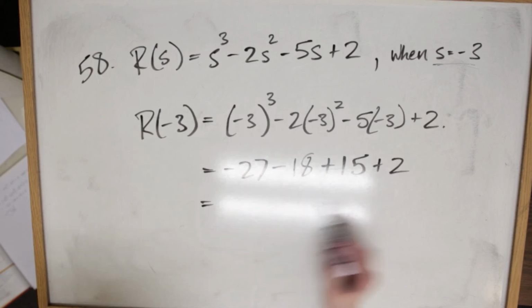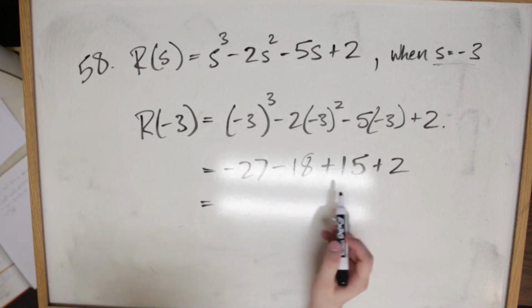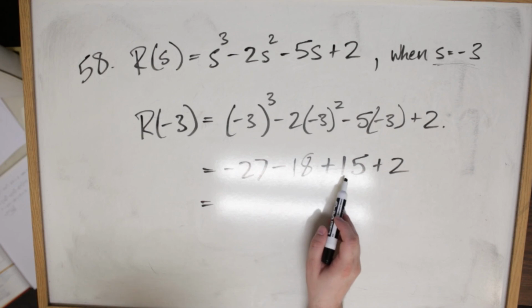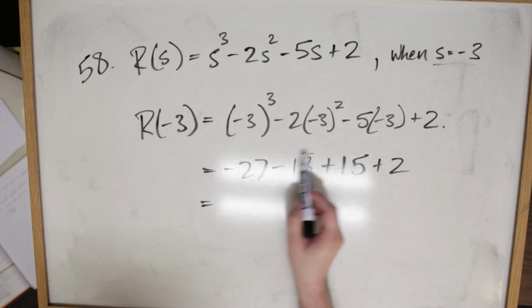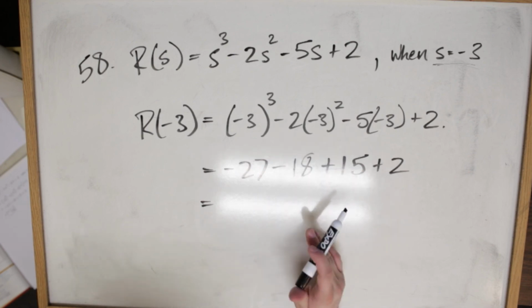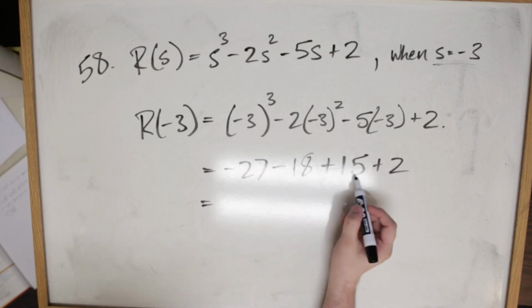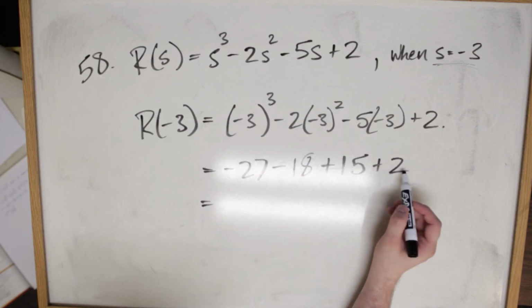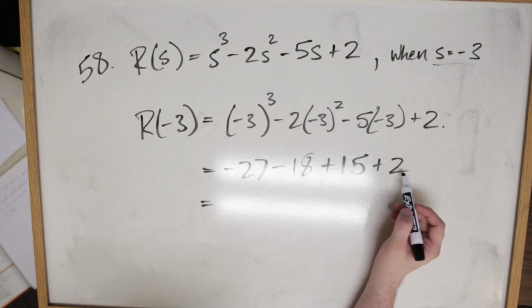When you deal with a lot of adding and arithmetic like this, usually I try to find things that are a little bit more simple to work with and then combine them up. Like, for example, minus 18 and a plus 15. If I just look at this part, I know that the difference between those is going to be a minus 3. Then this becomes minus 3, plus 2 is going to be a minus 1.